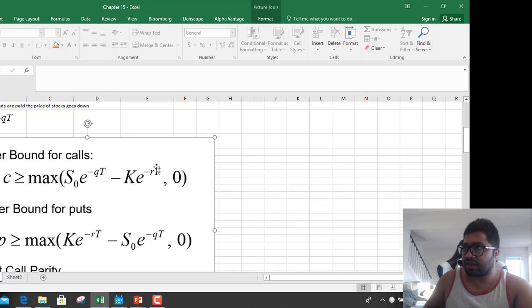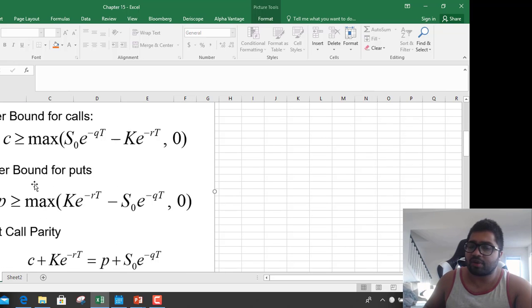So you discount the exercise price by the risk-free rate, you discount the stock by the dividend yield, and you find the lower bound. The lower bound for put becomes K e^(-rT), that is the exercise price or strike price discounted by the risk-free rate, minus S0 e^(-qT).